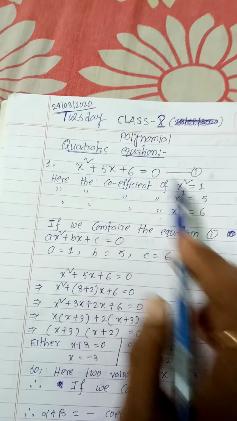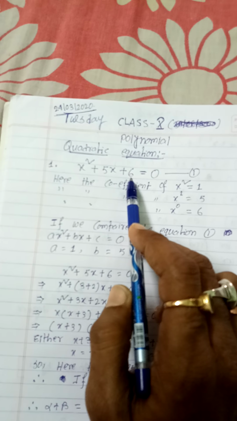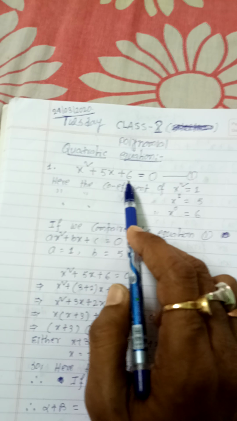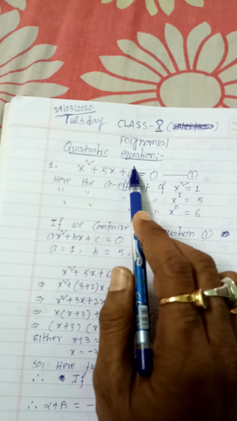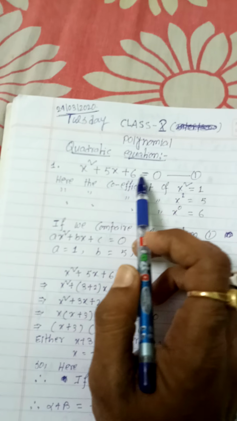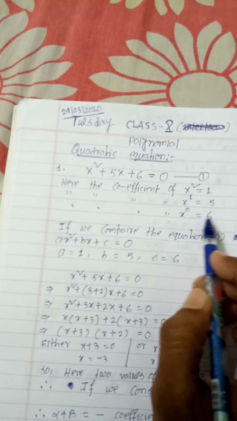Then the coefficient of x to the power 1 is 5, and x to the power 0, students always remember, when we write x to the power 0 we always write the constant number. Here the constant number is 6, so the x to the power 0 term is 6.